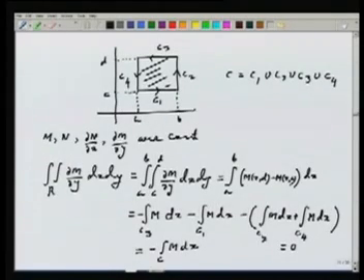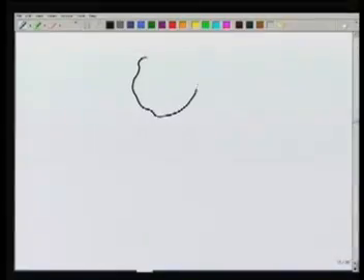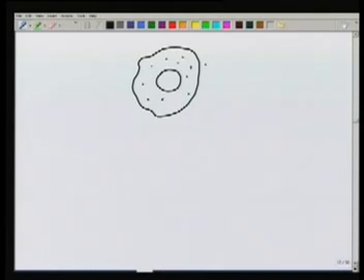Similarly, if I work on some annular region, let us say this kind of region, and this is my region R, then its boundary, let us say this is C2, this is C1. I give this orientation so that the region is always on my left, and here I give the other one.